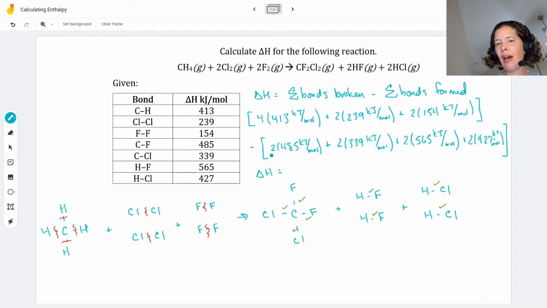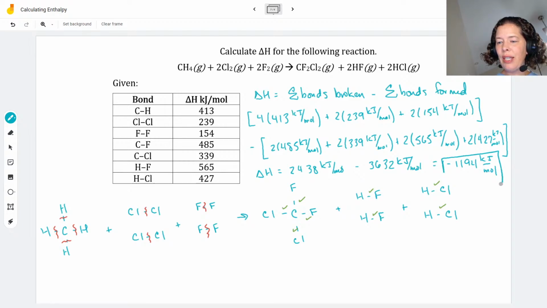So what I have, simplifying within the brackets first, is 2,438 kilojoules per mole. And that is going to be minus 3,632 kilojoules per mole, which is then going to give me an overall delta H of negative 1,194 kilojoules per mole.